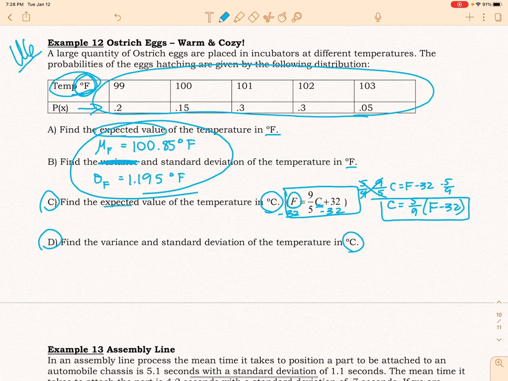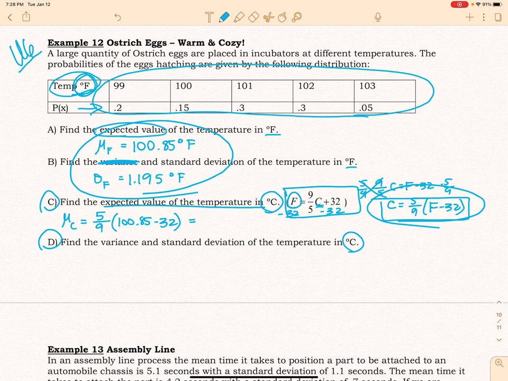So when I want my expected value of the temperature in Celsius, I want my mean in terms of Celsius. Transforming means is super easy. I'm going to take this equation, substitute in my mean or expected value in Fahrenheit. Bam, I'm going to get my answer in Celsius. Okay, so I've got 5/9 times the Fahrenheit expected value, and then subtracting 32.